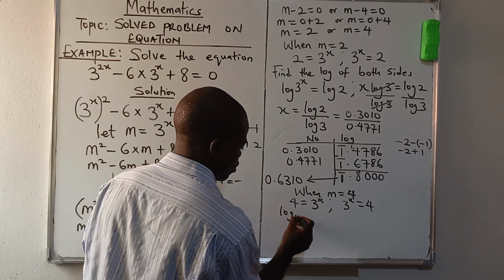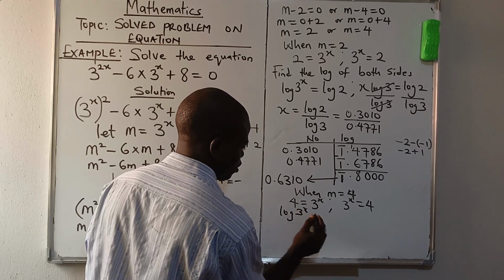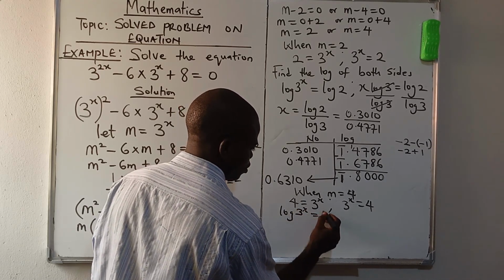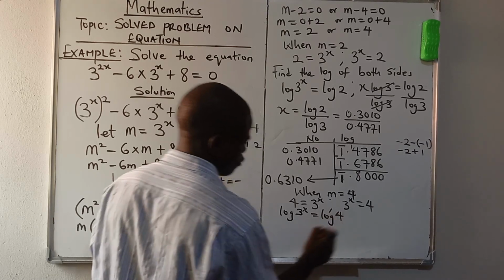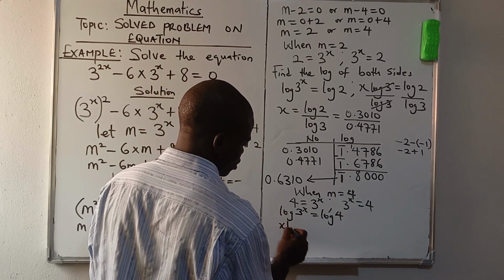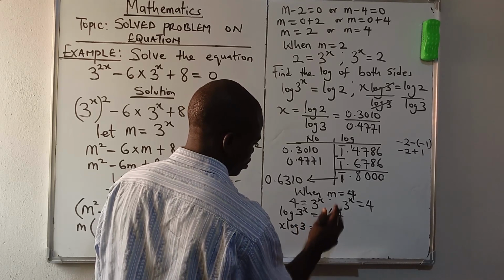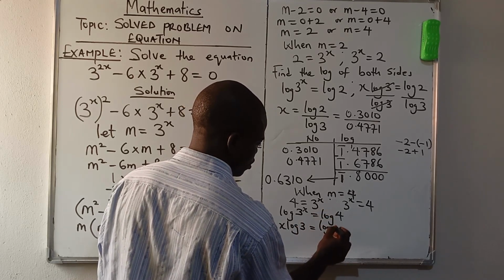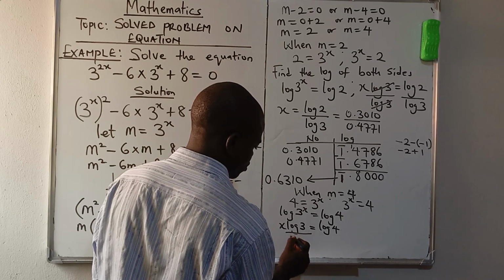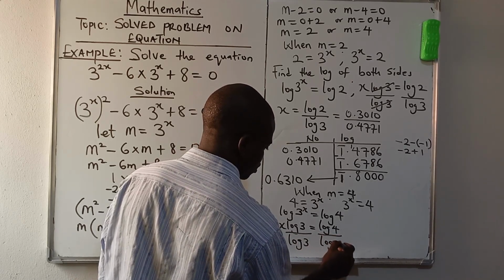Now log 3 raised by x equals log 4. As we come to the front, x log 3 equals log 4. Divide both sides by log 3.